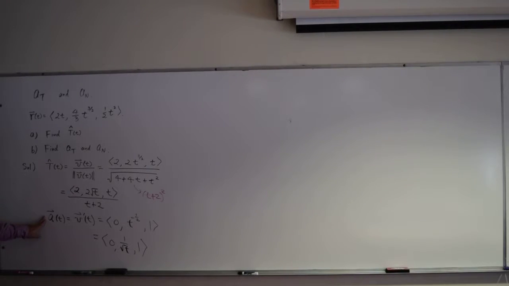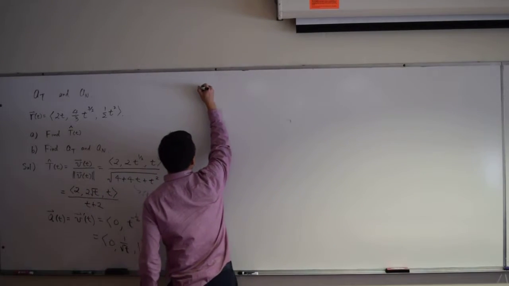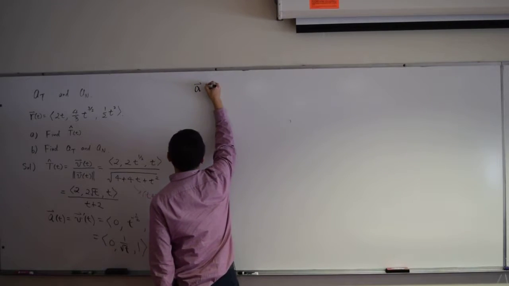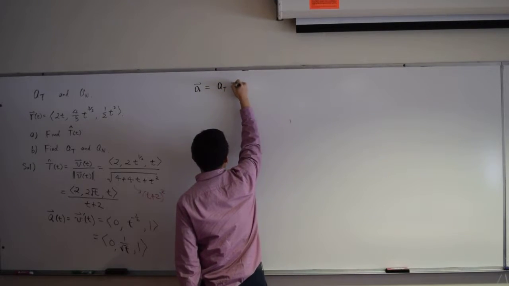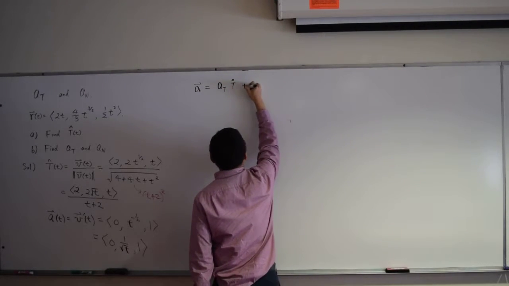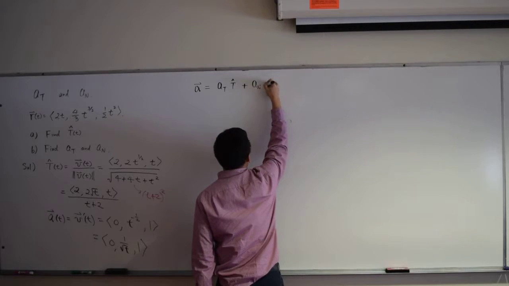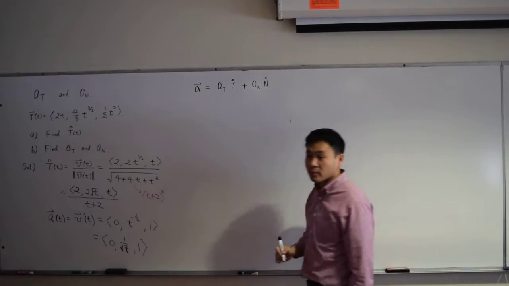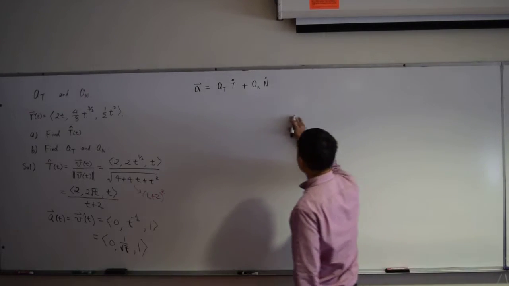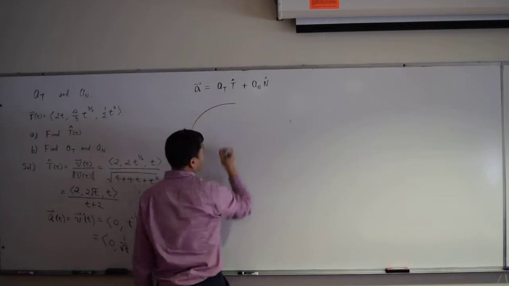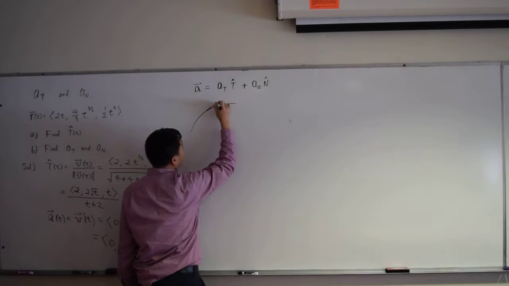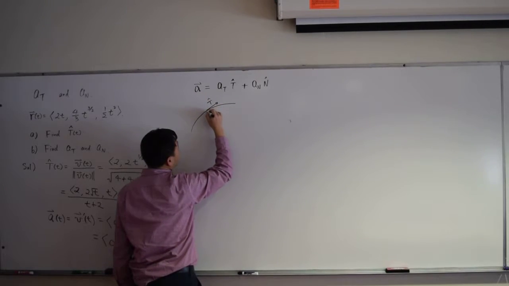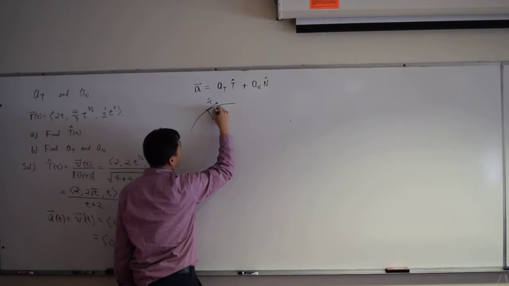Now, what does this have anything to do with AT and AN? Well, the relation is that if you have acceleration, it can be divided into two parts. One is the tangential component, which is in the direction of T, and the other is the normal component, which is in the direction of N. The picture for this is you have trajectory, and the T direction is here, and N direction is here.